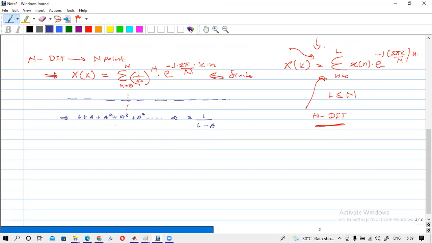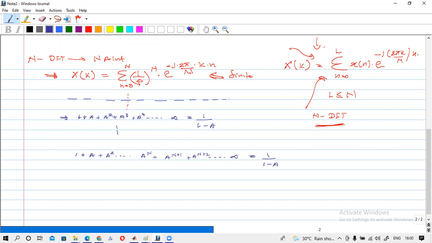Let me write it like this: 1 plus a plus a squared up to a to the n, then a to the n plus 1, a to the n plus 2, like this up to infinity, which is again 1 over 1 minus a.